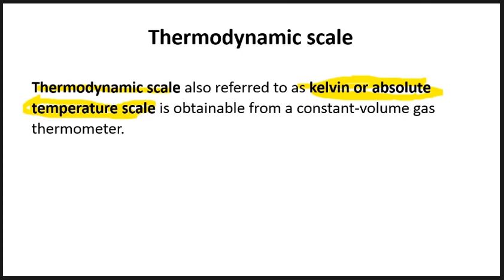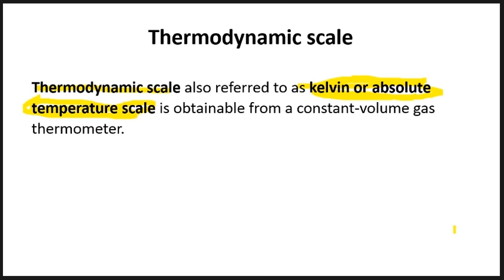However, at a point, the more the pressure is lowered, the more the gas behaves like an ideal gas. What do I mean? As we decrease the pressure and the temperature also decreases, a point will be reached whereby any further decrease in the pressure will cause the rare gas to behave like an ideal gas.